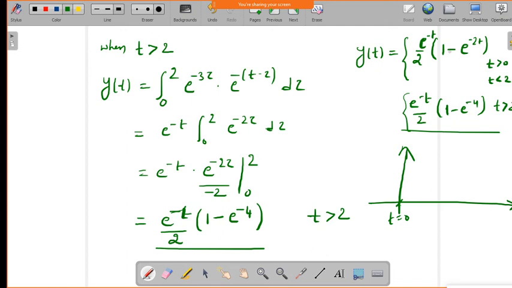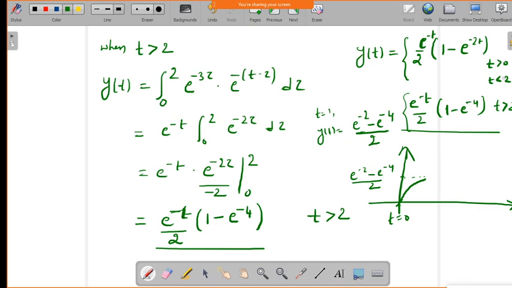When t equal to 1, it becomes 1 minus e power minus 2 times e power minus 2, so y of t will be e power minus 2 minus e power minus 4 divided by 2. If you multiply inside, it becomes e power minus 4. So somewhere here is the value, e power minus 2 minus e power minus 4 divided by 2.